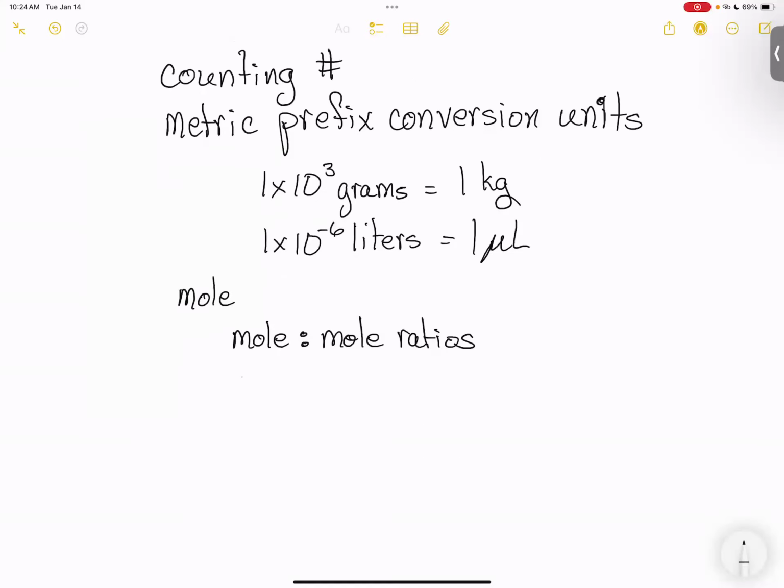When you use a mole in X number of grams is equal to 1 mole, that is an exact number. The mole is an exact number. When you use 6.022 times 10 to the 23rd of X equals 1 mole, that mole is an exact number. So moles can be exact numbers.